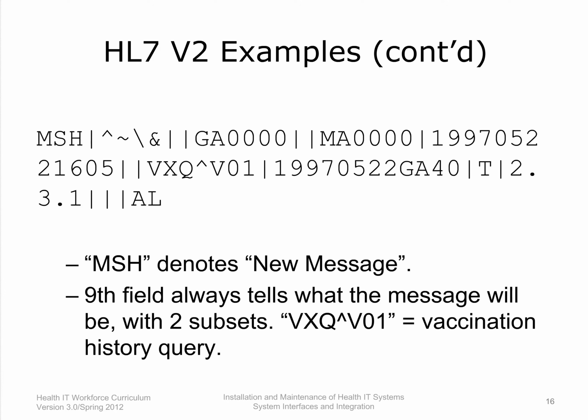Another characteristic of these messages is that the 9th field in the first line denotes what type of message it is. It always has 2 subsets, the first of which is a 3-letter acronym, in this case VXQ. VXQ caret V01 indicates that this is a vaccination history query.